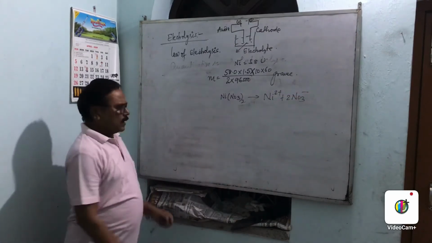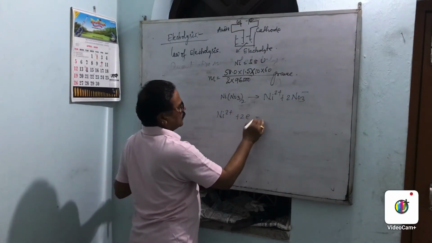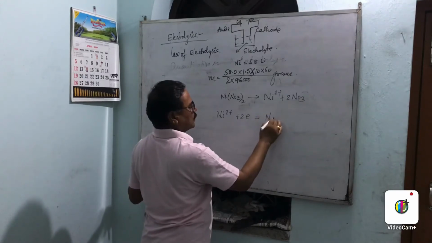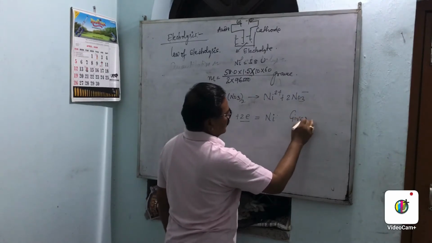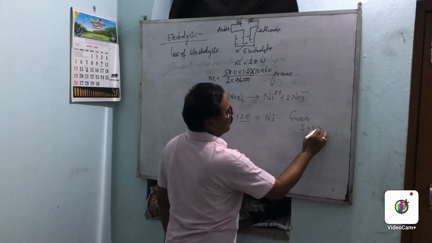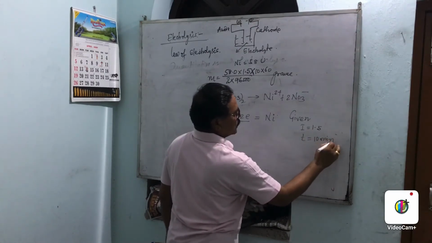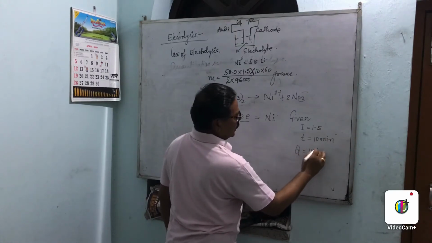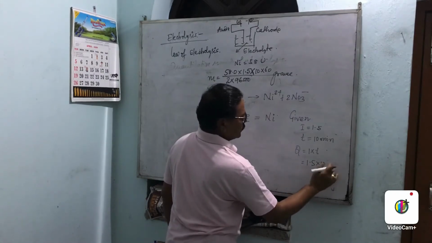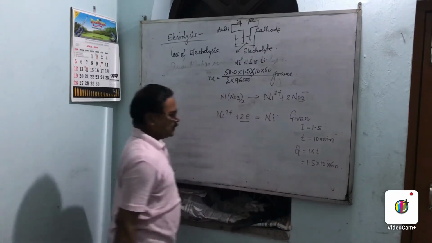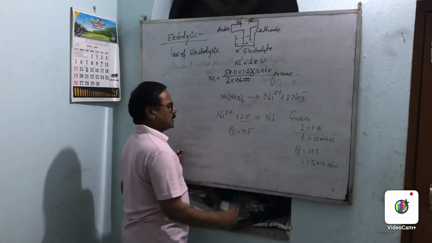Nickel 2 plus plus 2e gives nickel. We are given I equal to 1.5 and t equal to 10 minutes. So Q is equal to I into T, that is 1.5 into 10 into 60. And Q is also equal to N into F, the charge carried.